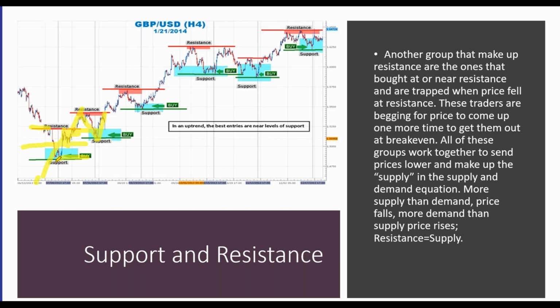Doesn't this look like an elevator moving up floor by floor? Each time this support is broken, it then becomes a resistance, because when we come back on a downtrend, that support will be our resistance line.